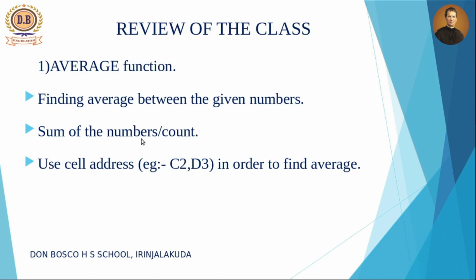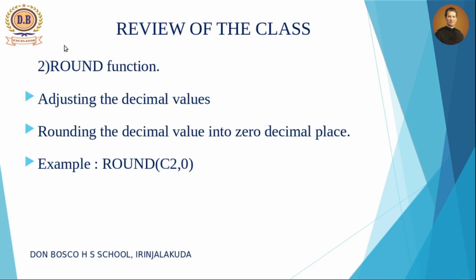The equation will be sum of numbers by count, and here we are using the function average, and while using this function, always give the cell address. For example, capital C2, capital D3. It's an example. So give the cell address in order to find the average. The second activity was adjusting it into decimal values.